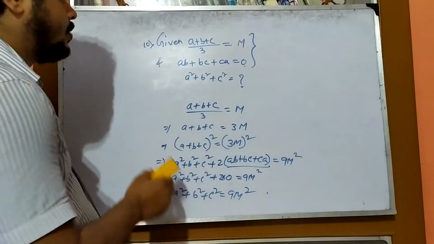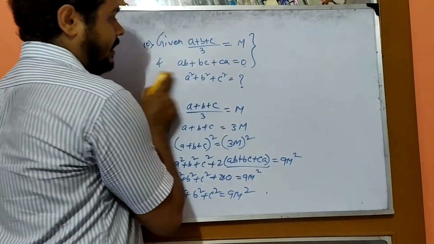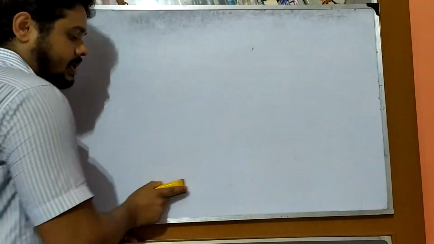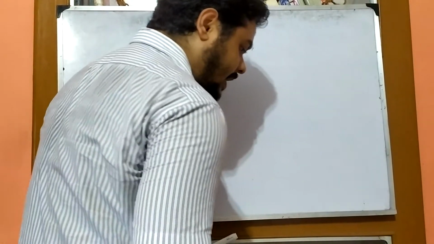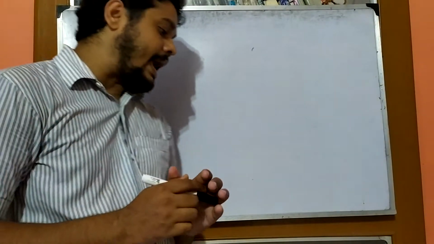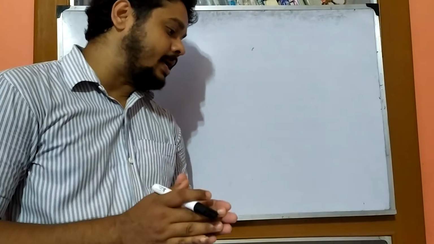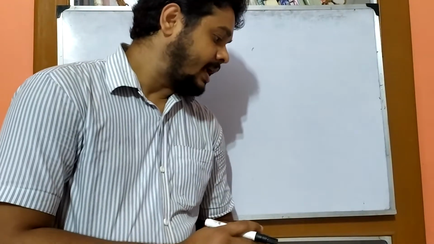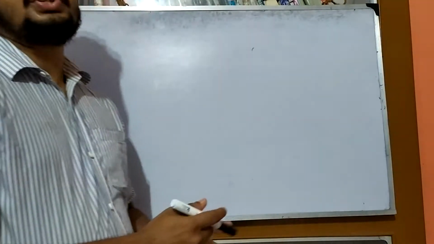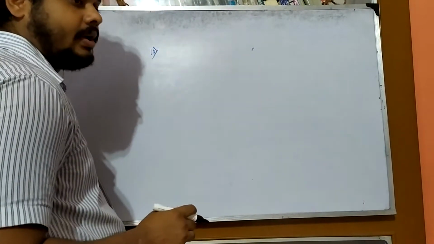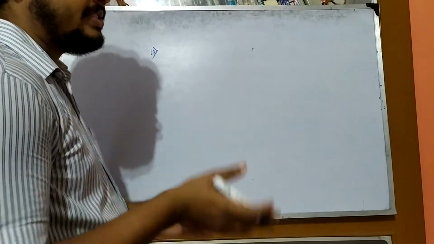Now we are coming to question number 11. In question number 11, the average of the 2-digit numbers which remain the same when the digits interchange their positions. What are the two-digit numbers?